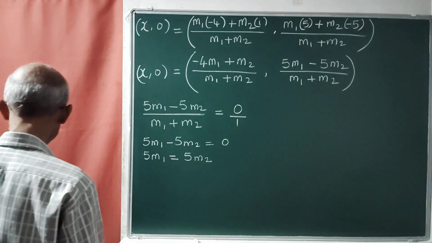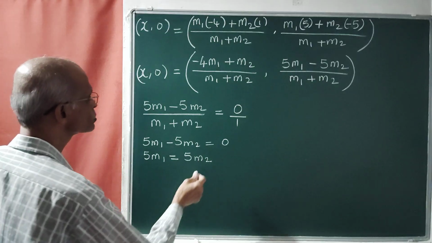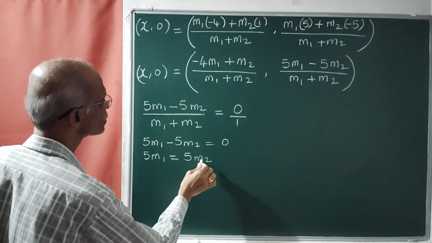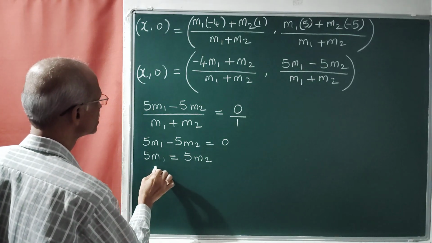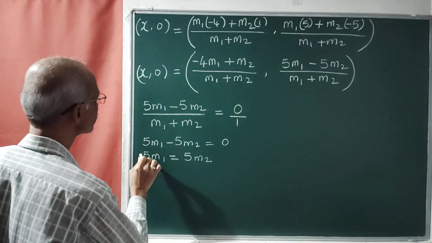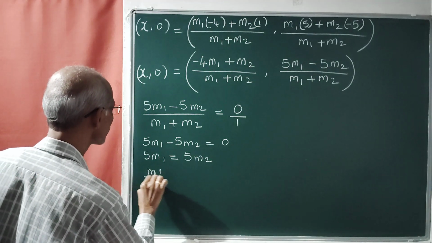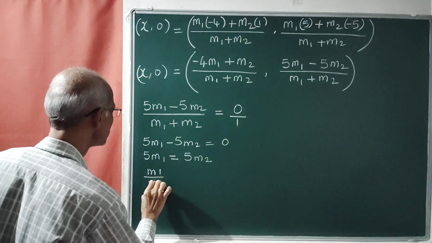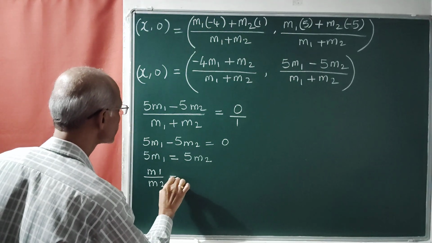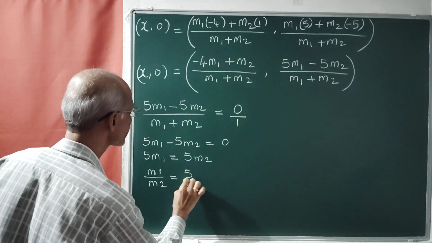So what I will do, I'll shift the m2 to the left side, 5 to the right side. So we will get m1 by m2 is equal to 5 by 5.